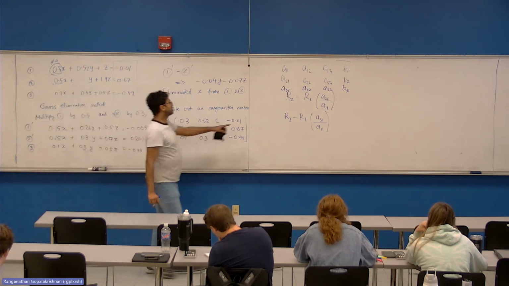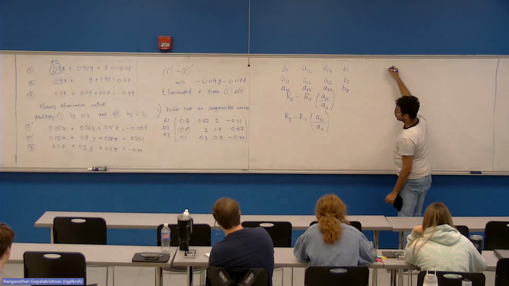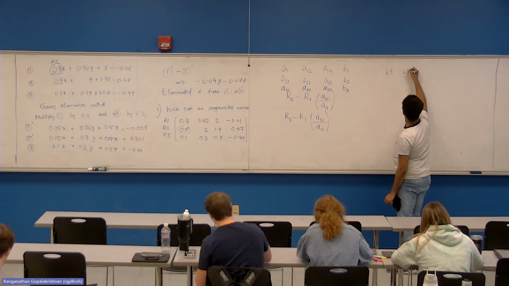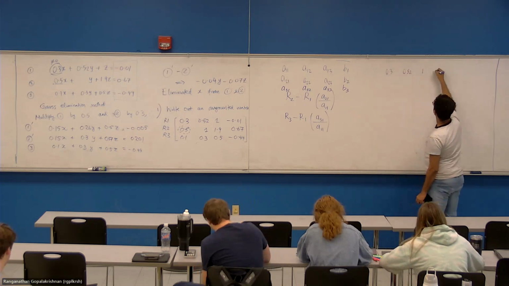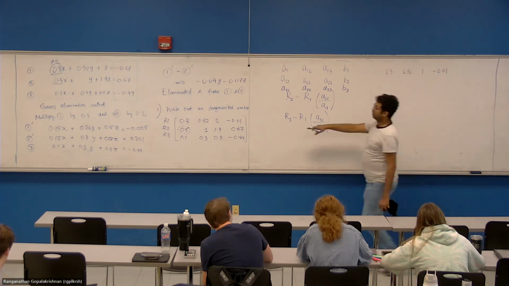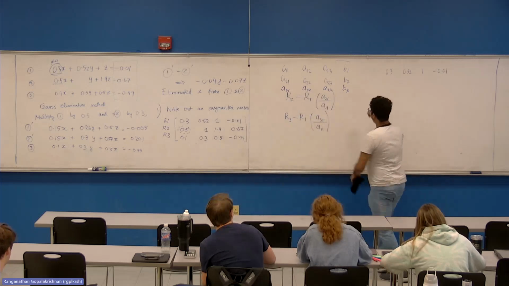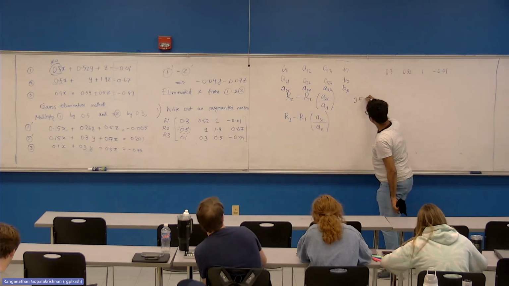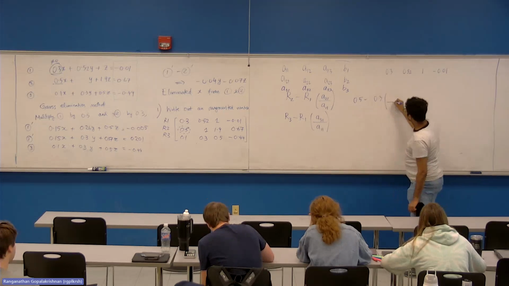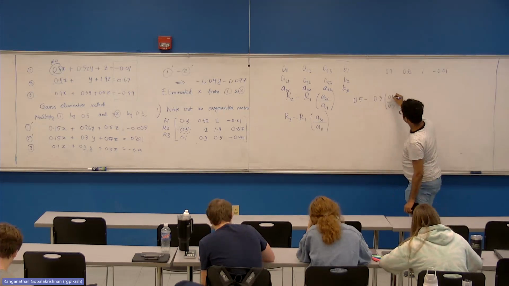So this is in terms of symbols. Let's do it in terms of numbers. My row 1 is going to stay the same, 0.3, 0.52, 1, minus 0.01. I'm going to take 0.5. Look at this, 0.5 minus 0.3 divided by 0.3 times 0.5.